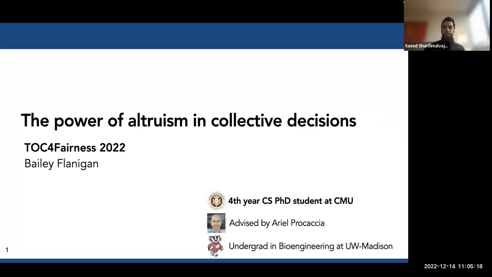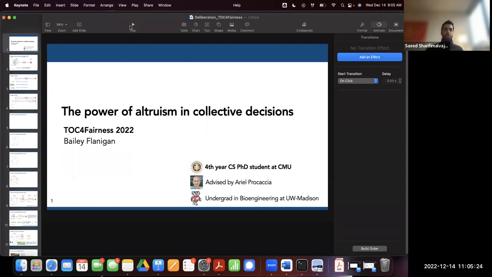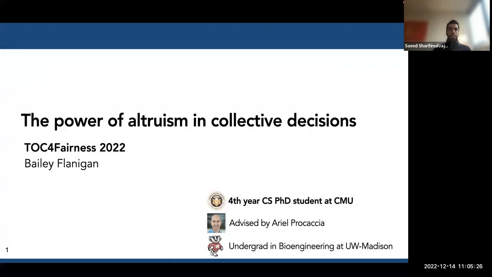Hi, everyone. Today we have Bailey Flanigan speaking in our seminar. Bailey is currently a fourth-year PhD student at CMU, where she is advised by Ariel Procaccia. Bailey's work uses techniques from theoretical computer science and artificial intelligence to design more effective democratic processes, such as citizens' assemblies.